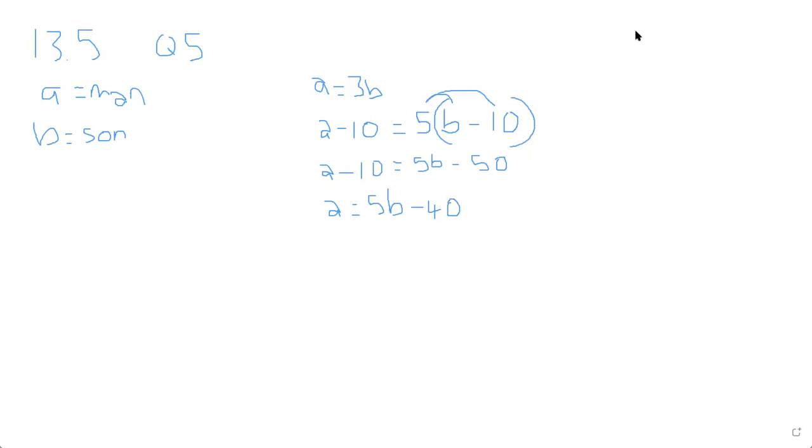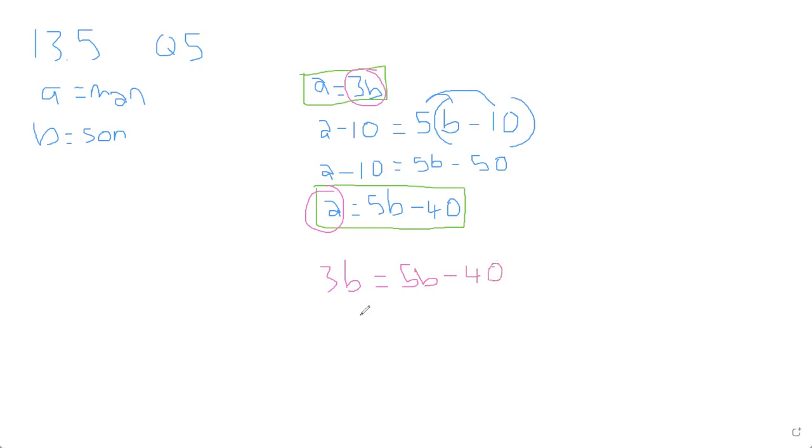Okay, so what I'm going to do now is think about how I can use this equation and this equation, right? So these are my 2 different equations. So I'm going to use the substitution method, right? Because I'm told that A is 3B. So instead of A, I'm going to put in 3B. So 3B equals 5B minus 40.